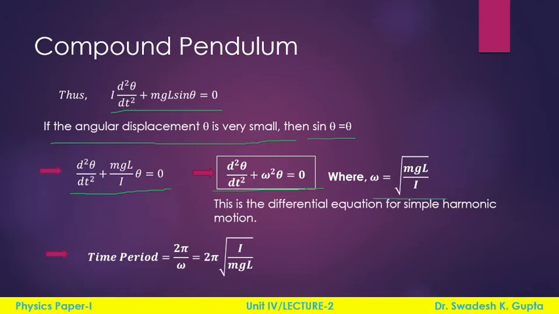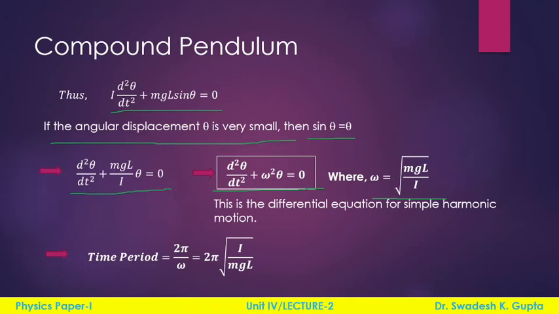Here, the angular frequency is equal to under root mgl upon capital I, where I is the moment of inertia of the body and L is the distance between the center of suspension and the center of gravity.